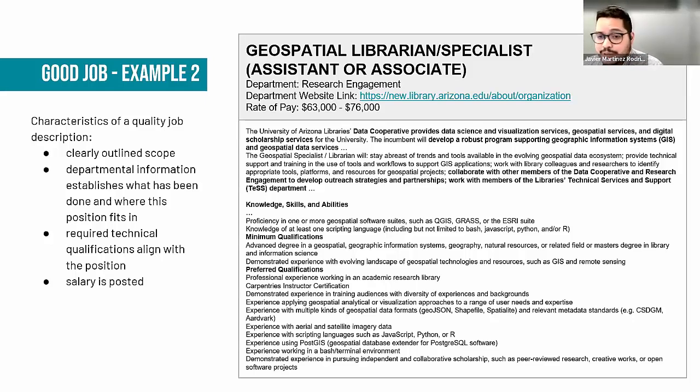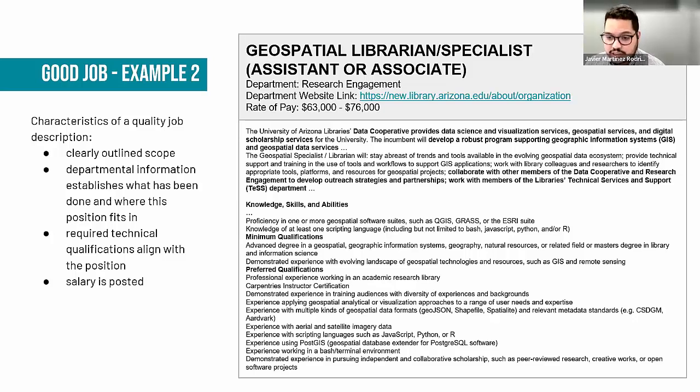So this is for a geospatial librarian focused on supporting GIS and geospatial data services. There's departmental information, which establishes what has been done and where this position fits in. So you can see here, they will collaborate with other members of the data cooperative and research engagement to develop strategies and partnerships and work with members of the library's technical services and support department.